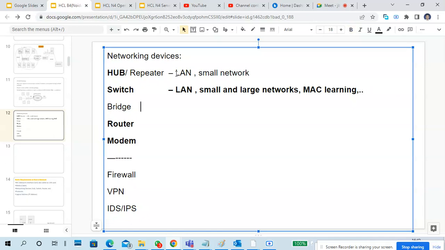Some points are there, but we need a quick review. Bridge is not really a device. It is software based.